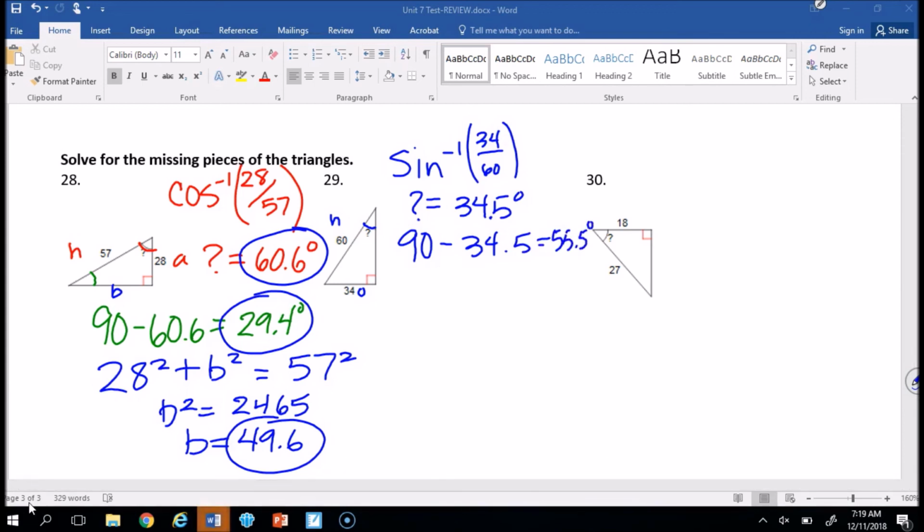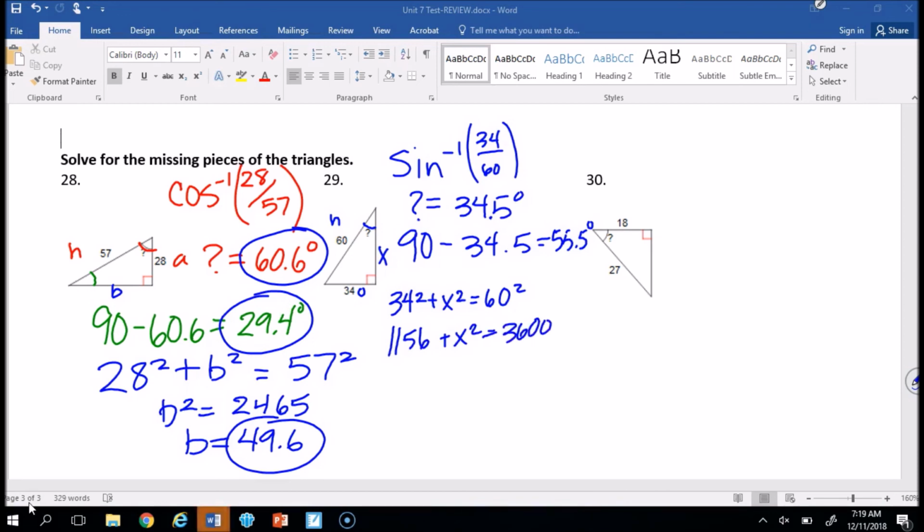And then we need to find our third side. So again, we have our hypotenuse, we have one of our sides. So this time I'm just going to use the variable x for this side right here. So I'm going to do 34 squared plus x squared equals 60 squared. That's going to give me 1156 plus x squared equals 3600.